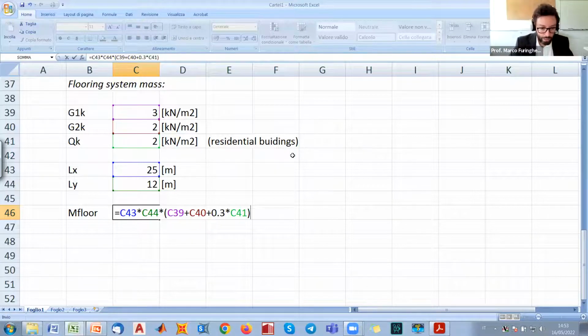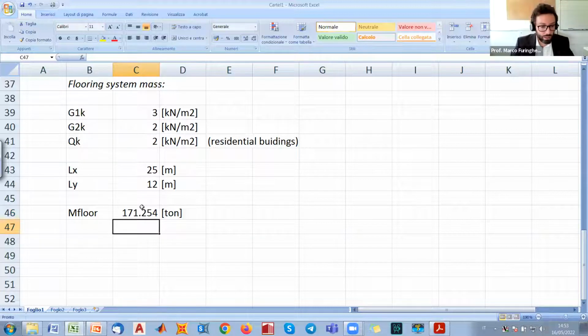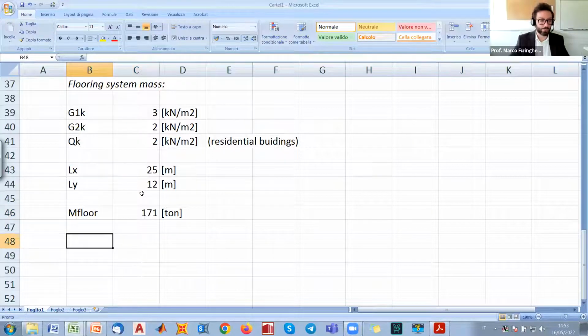Okay, but I've not finished, simply because what we want to compute now is a mass, so in tons, and these external loads are in kilonewtons. So I have to divide the result by the gravity acceleration, 9.81 meter per square second. And this is the mass related to the flooring system of a single floor, of a single story.